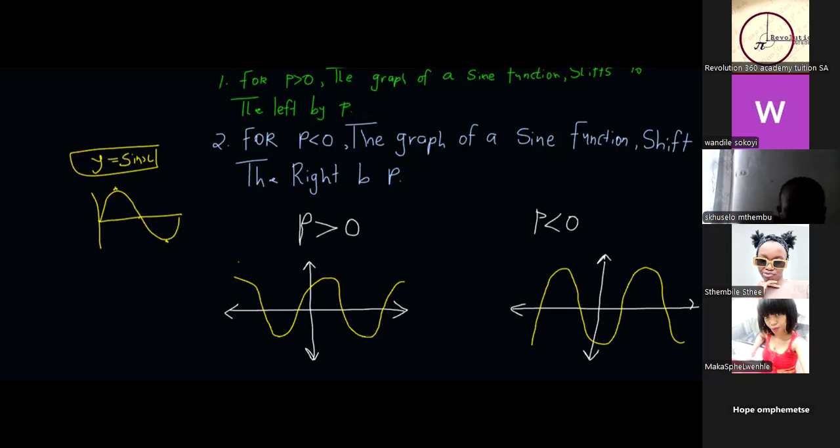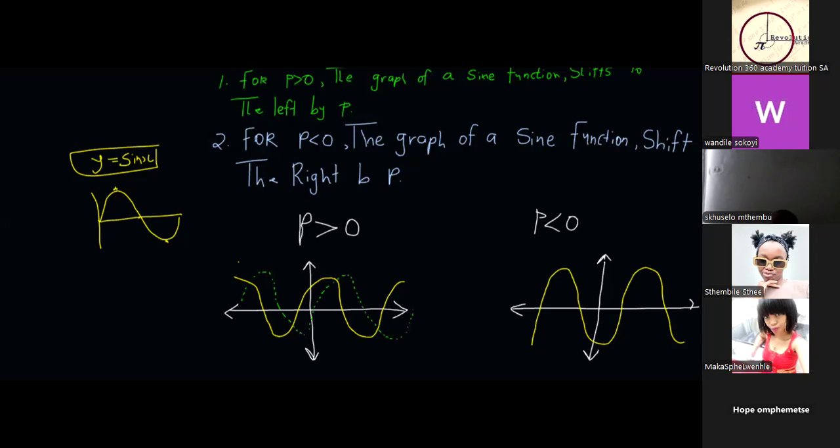Do you get to see that, when I have that graph there? And then with regards to the shifting of the graph where p is less than 0, it basically means this one is going to be like this.